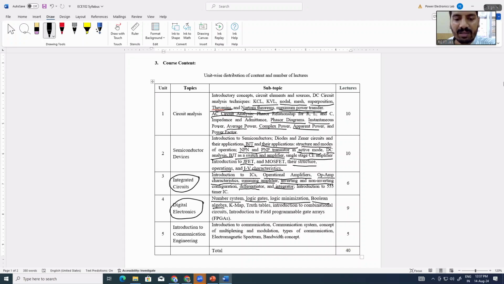So basic logic gates you have to study. You already know about the number system, meaning how we can convert from one base to another base. If the number is binary type, we can convert it into decimal, octal, or hexadecimal type.